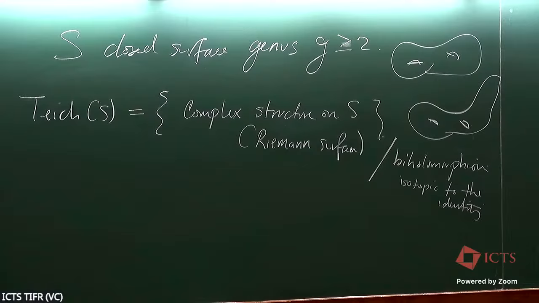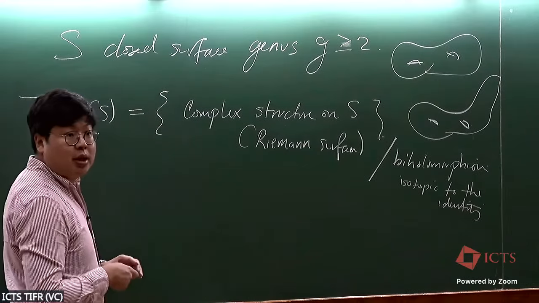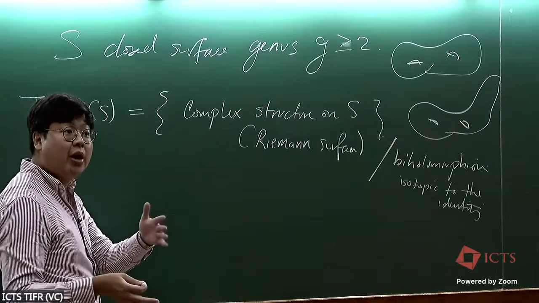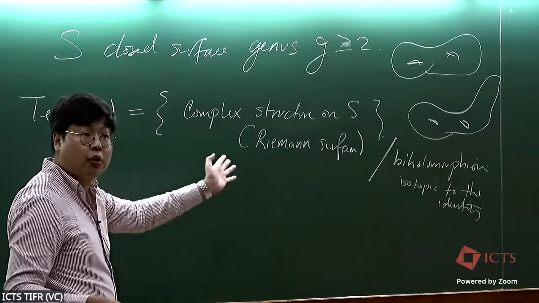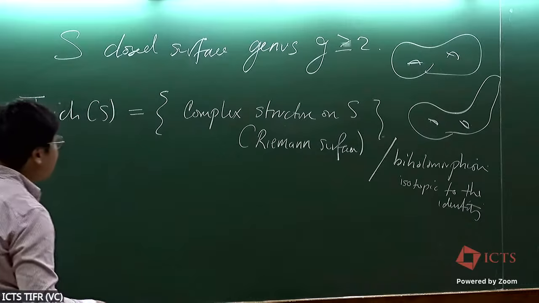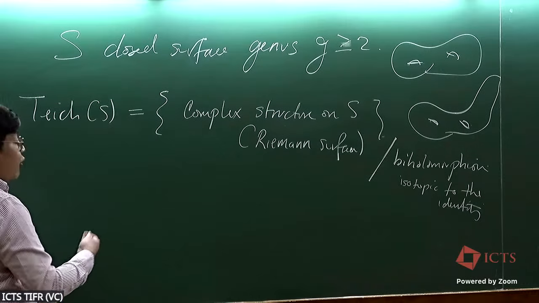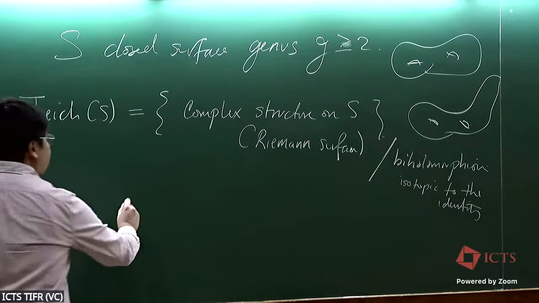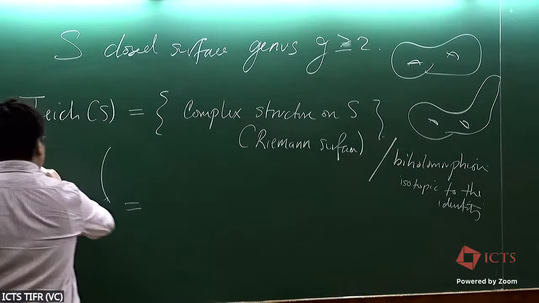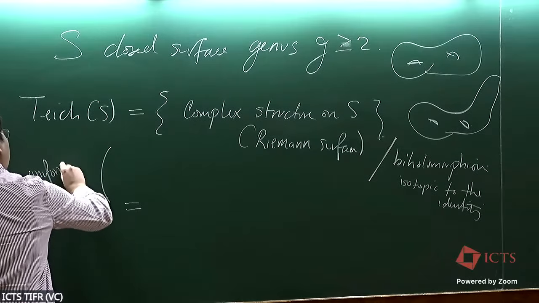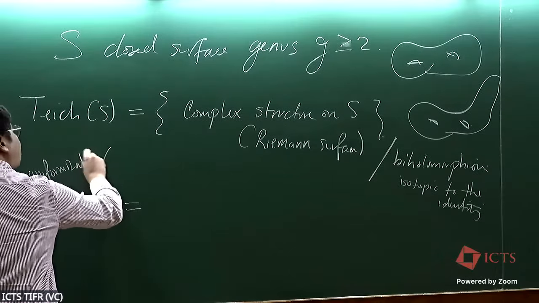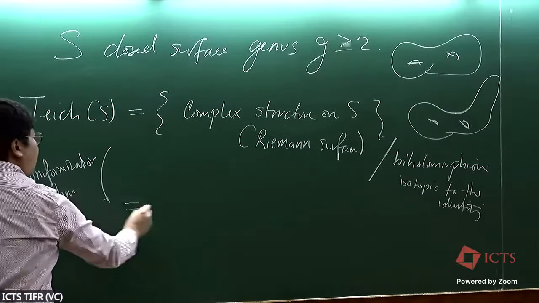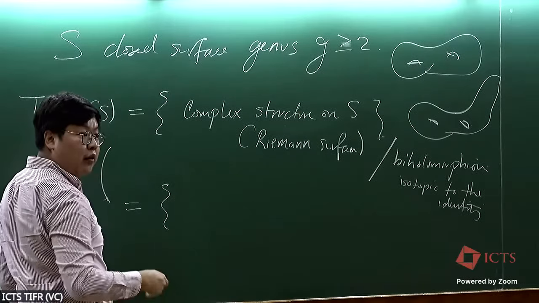Now, of course, complex structures in real dimension 2 are the same thing as conformal structures. I have a notion of angle given by my J, rotation counterclockwise by 90 degrees. This gives me, in turn, a conformal class of metrics. And we know from the uniformization theorem that in each conformal class, since my genus is at least 2, I can pick out a unique metric of constant curvature -1.